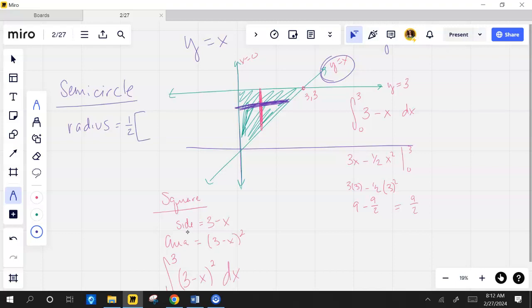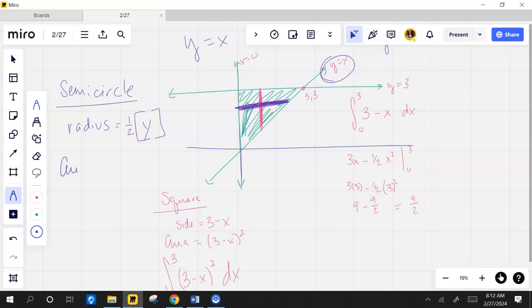The circle is coming out at you, so that's the whole diameter, and I need to cut it in half to find the radius. So I got a half times, and then what is this distance here? It's just y, because I'm in terms of y this time.